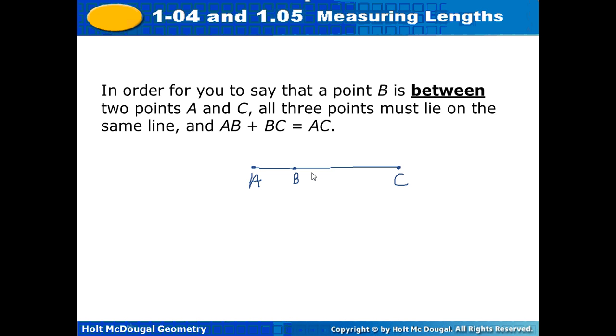All right, so what this is saying is that if it is on the same line, then if I add this segment with this segment, that should total that segment. Think about frogs. If you had 2 frogs, one frog jumped the first route that I took, okay?